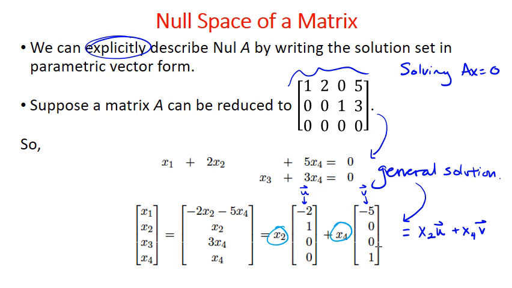From this, it's important to mention that every linear combination of vector u and vector v is an element of the null space of A, and vice versa.